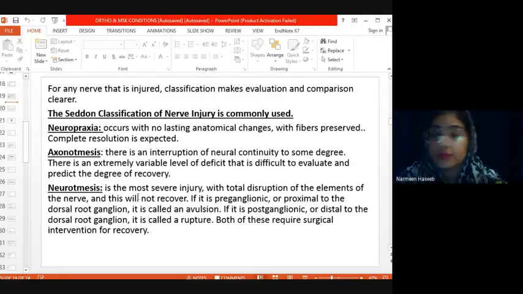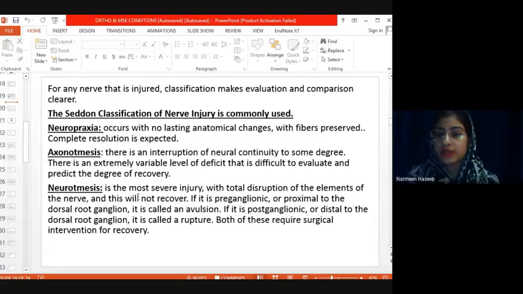Neurapraxia occurs when there are no lasting anatomical changes, with fibers preserved. Axonotmesis is the condition in which there is an interruption of neural continuity to some degree. There is an extremely variable level of deficit that is difficult to evaluate and predict the degree of recovery. Neurotmesis is the most severe injury with total disruption of the elements of the nerves, and this will not recover.